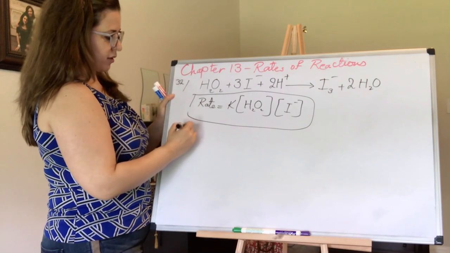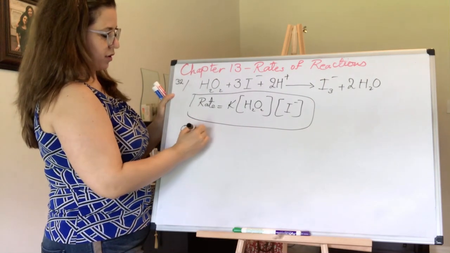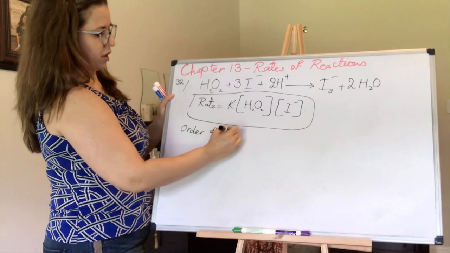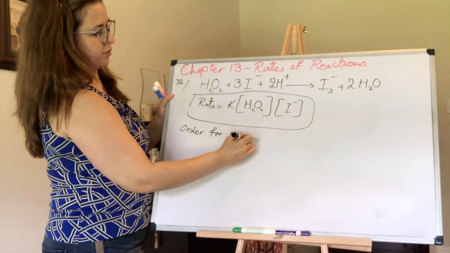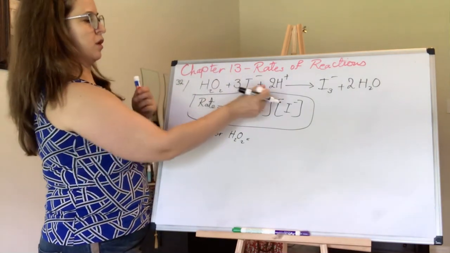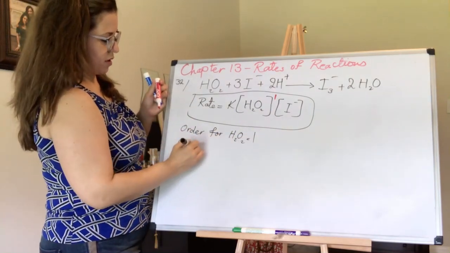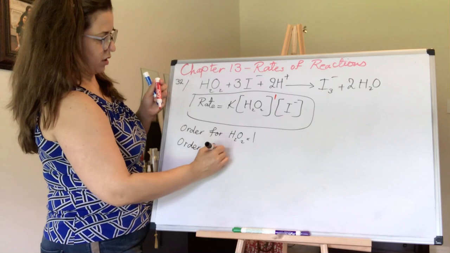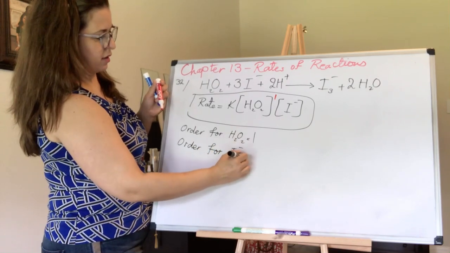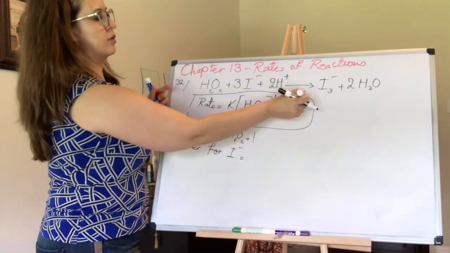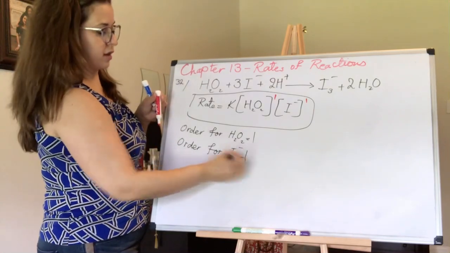What is the order for H2O2? What do you see here? 1. Order for iodide, again, you don't see anything here, so it's 1.